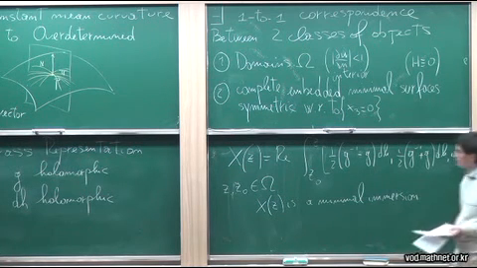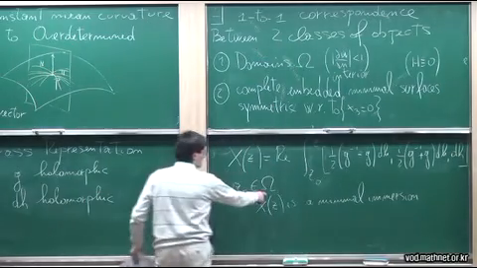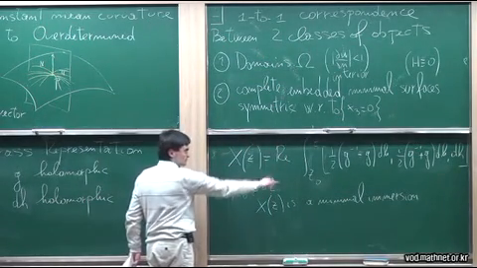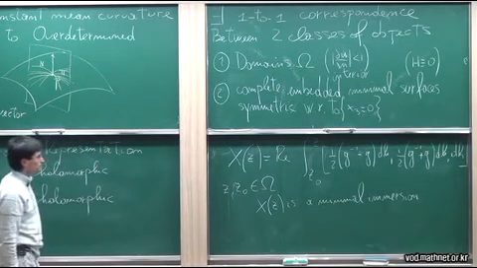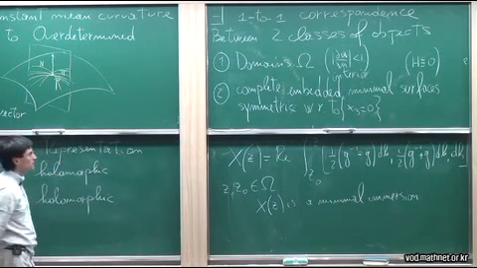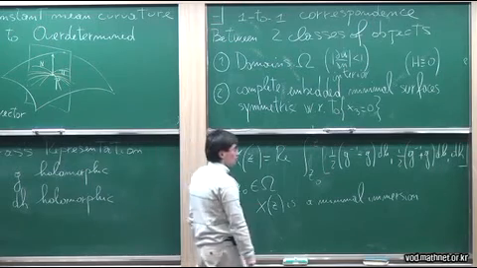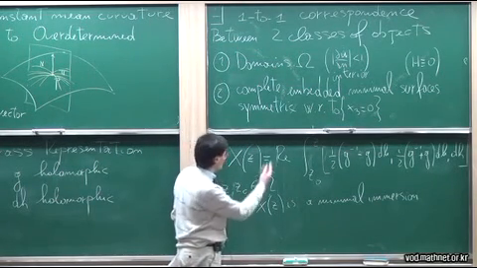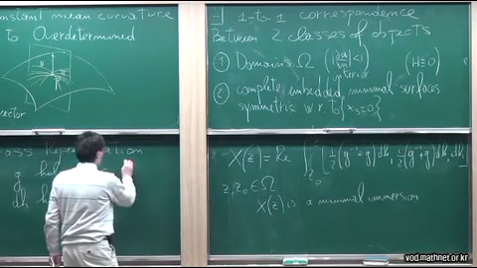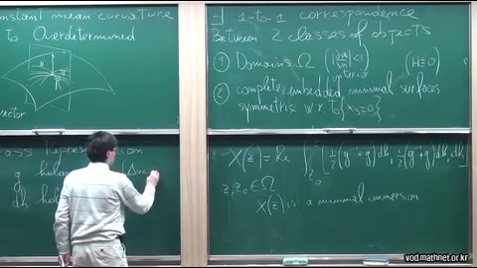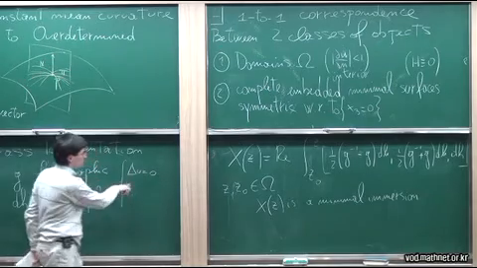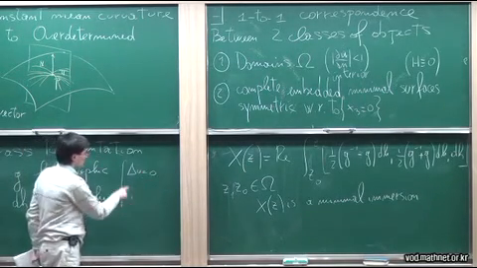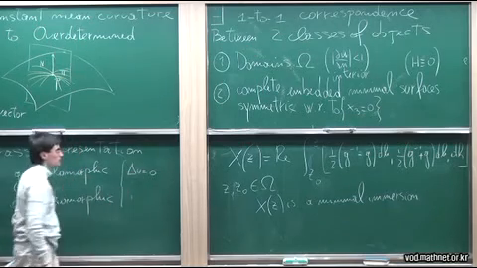Okay, so here you see there is omega, a domain. Here you have a formula to construct the surface. And what is the link between a minimal surface and harmonic functions?